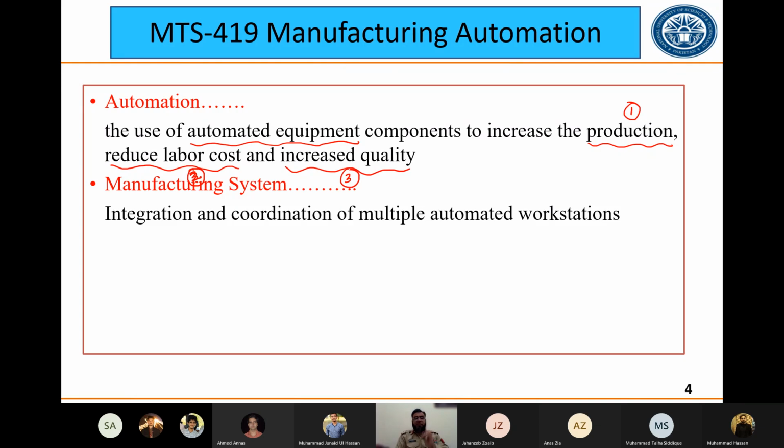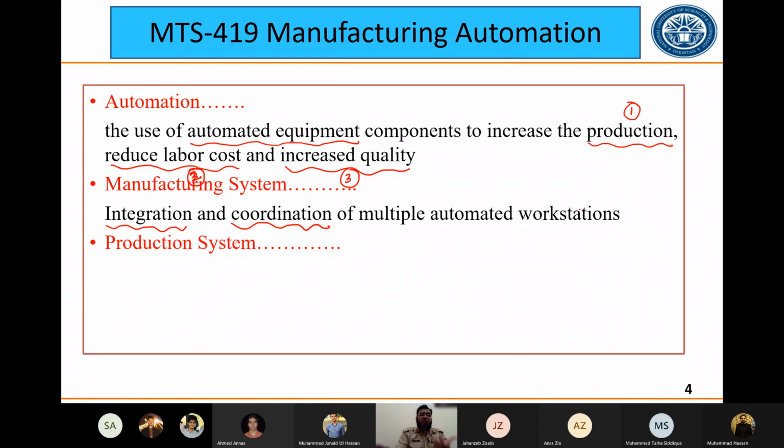How can a manufacturing system be defined? It is the integration and coordination of multiple automated workstations. We are using multiple automated workstations which we integrate with each other and coordinate between them, so they work in harmony with each other for the production of some item.